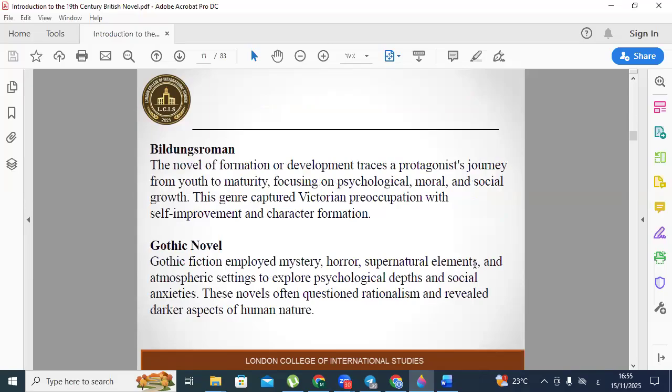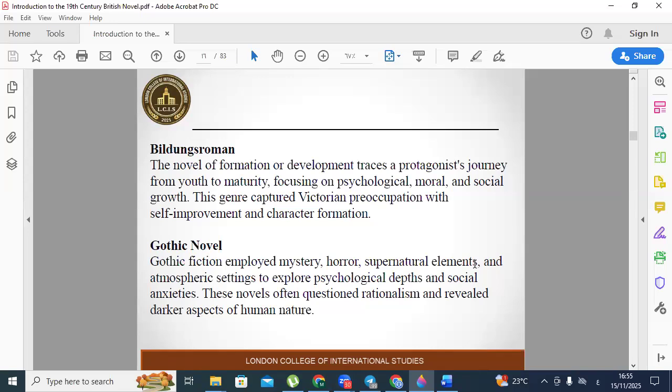The Bildungsroman. The novel of formation or development traces a protagonist's journey from youth to maturity, focusing on psychological, moral, and social growth. This genre captured the Victorian preoccupation with self-improvement and character formation.